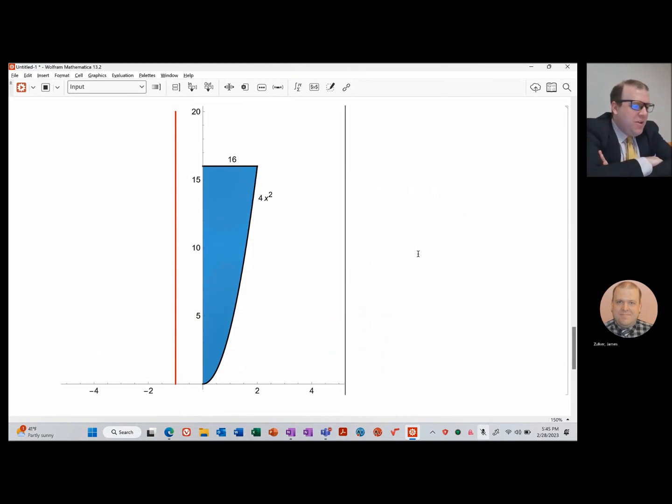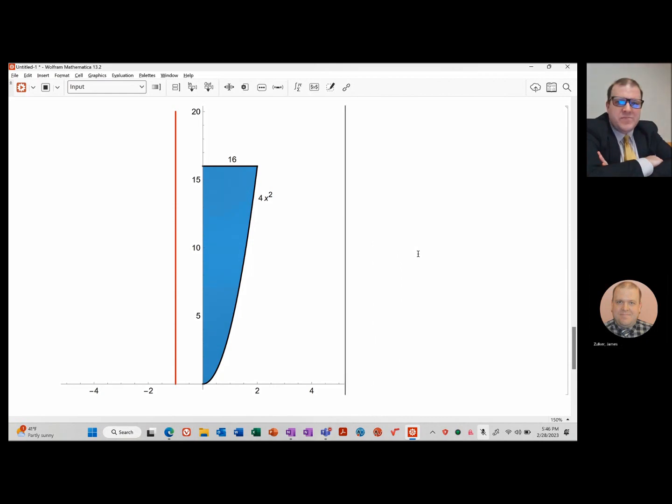So I probably could have gotten away with cutting my plot domain down. Probably could have gone, what, -3 to 3. Whatever, doesn't matter. So the problem said it was the region bounded by 4x squared, y equals 16, and x equals 0. Yep. But there are 2 regions bounded by that.